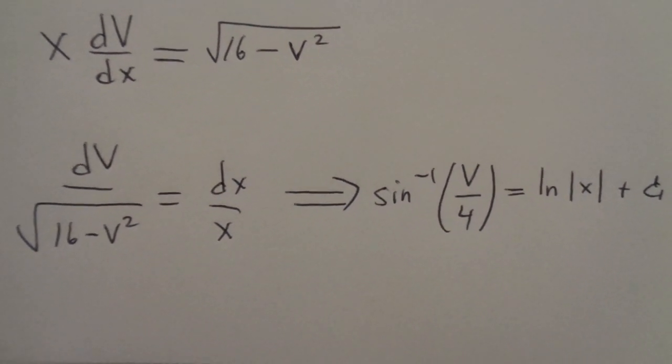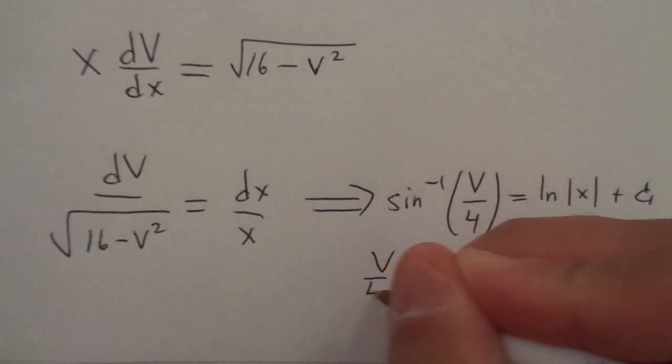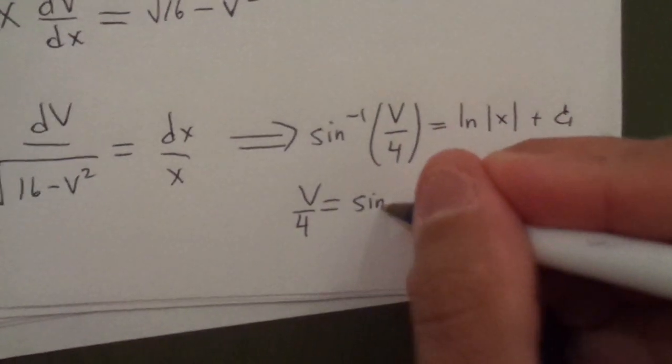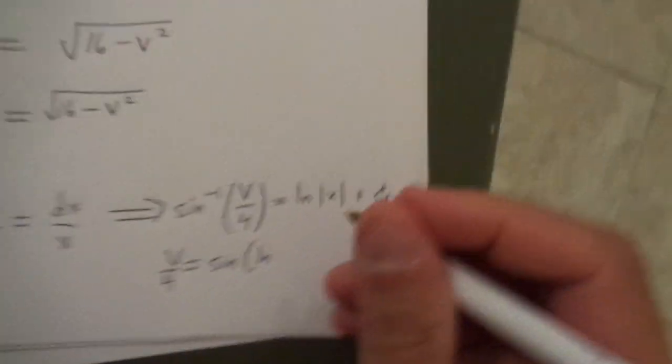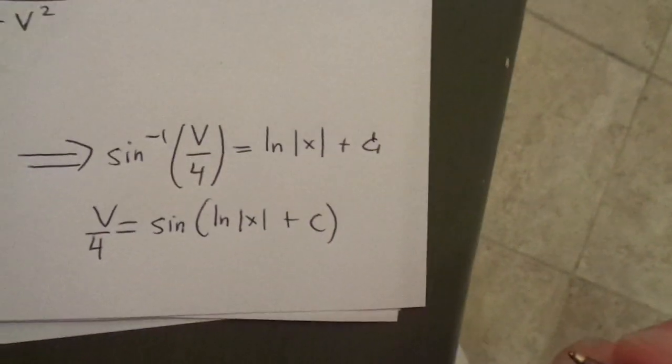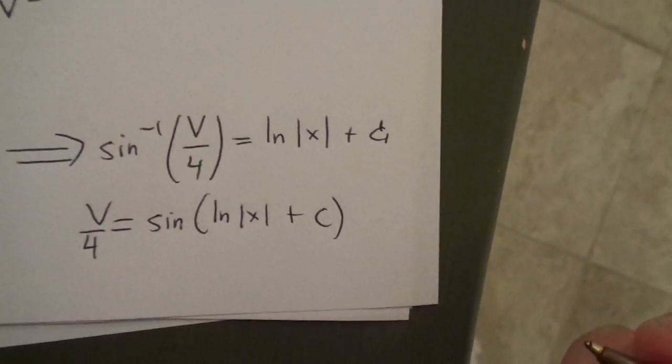Now we just have to figure out what y is. First I'm going to take the sine of both sides to cancel the arc sine that I have there. So I'll have the sine of the ln of the absolute value of x plus c. Okay. And then I'm going to multiply through by 4.